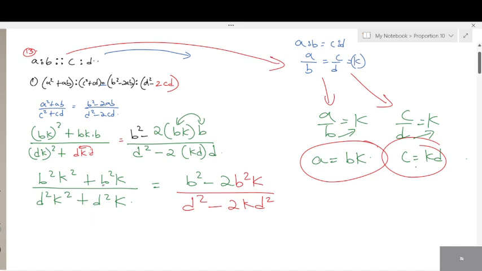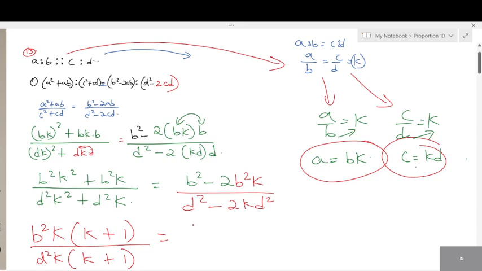Now look at the screen. Numerator, what is common here? B square, and what about K? K is common. You get K plus 1. And here D square and K. And what do you get? K plus 1.